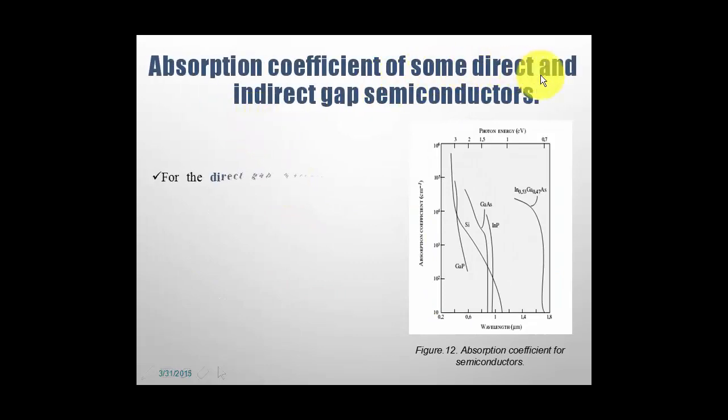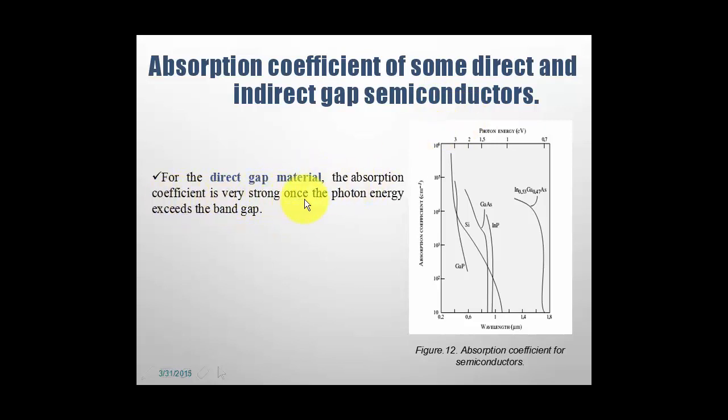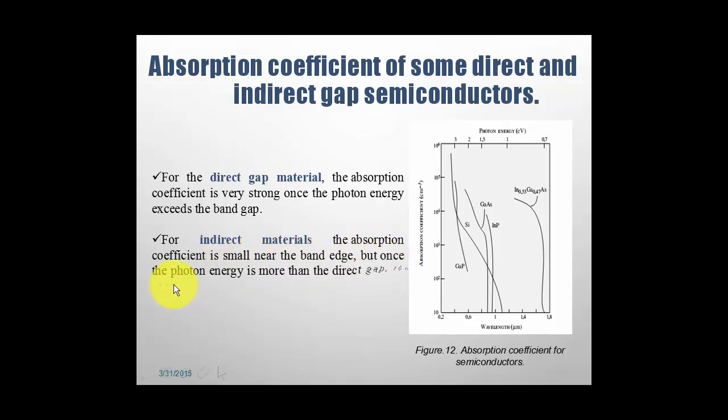Absorption coefficient of some direct and indirect semiconductors. For the direct gap materials, the absorption coefficient is very strong once the photon energy exceeds the band gap. For the indirect material, the absorption coefficient is smaller near the band edge, but once the photon energy is more than the direct gap, the absorption coefficient increases rapidly.